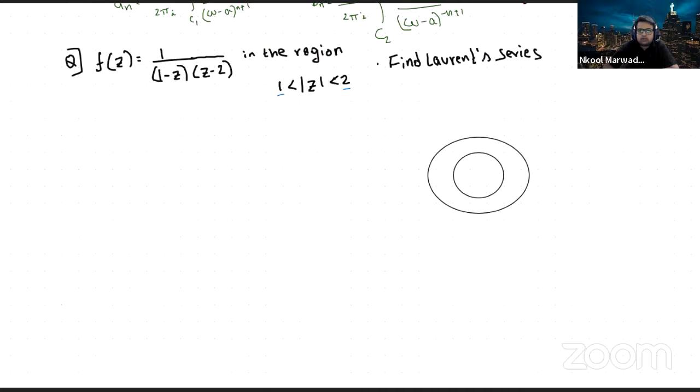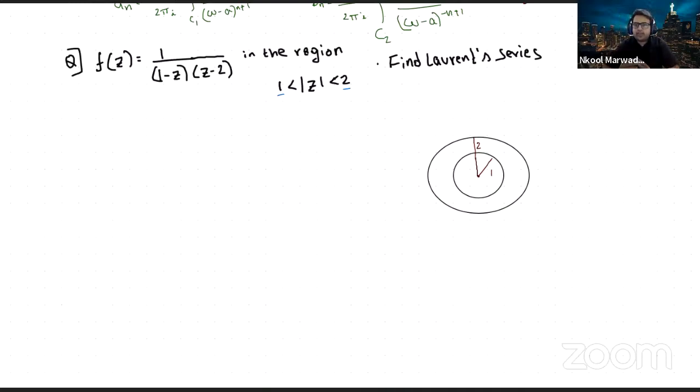This is two, the radius. And definitely in this region, the function is defined and the function is analytic also. How to check for analytic, we have already covered. I will share it with you in one of the videos.